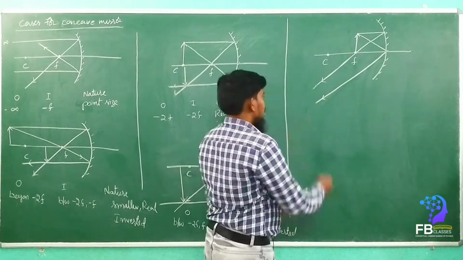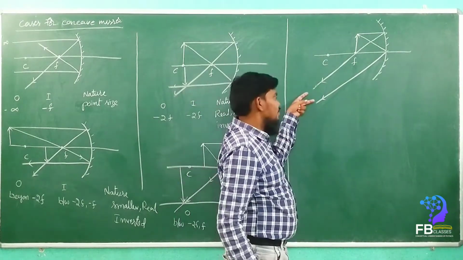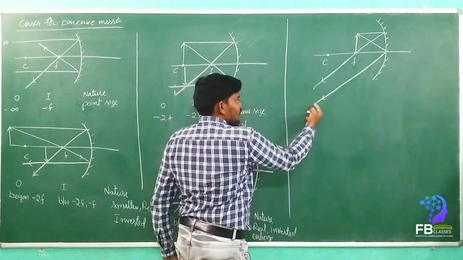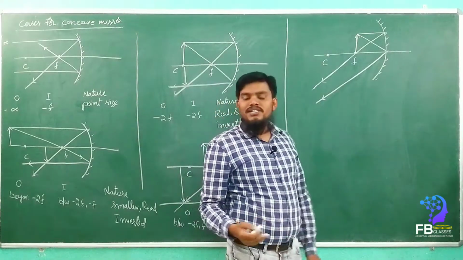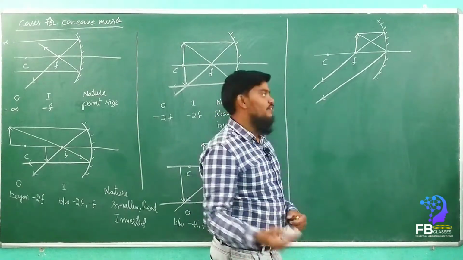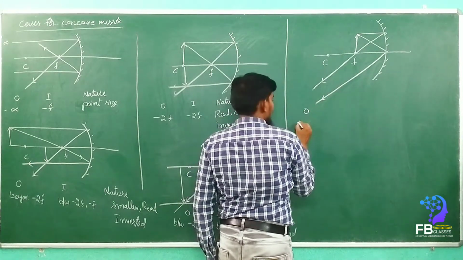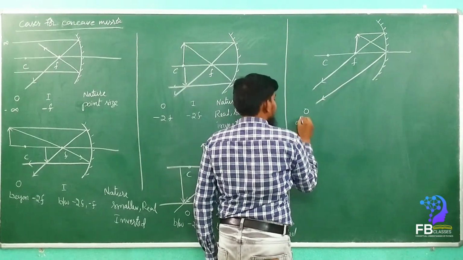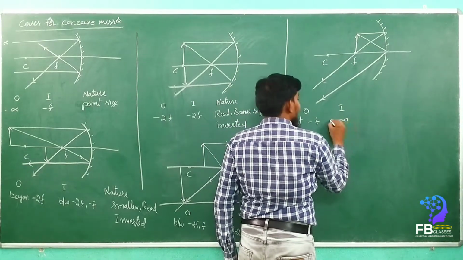See now, these two rays, if you extend them, they are not parallel rays, right? They will be converging one by one. Yes or no? So somewhere else they are going to meet here. That means we are saying that the image will form at infinity. So the object is placed where, my dears? At minus f, and the image is formed at infinity, minus infinity.